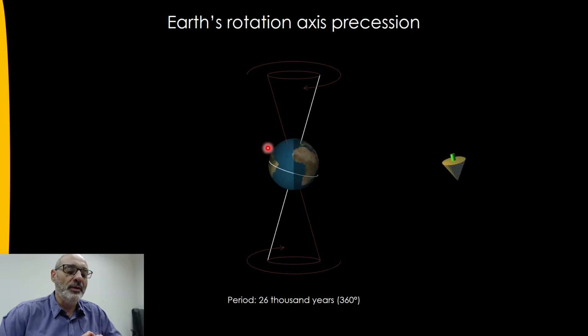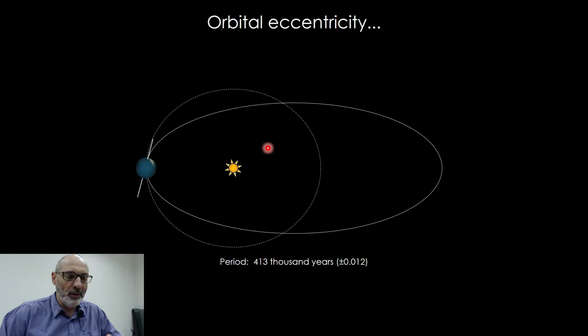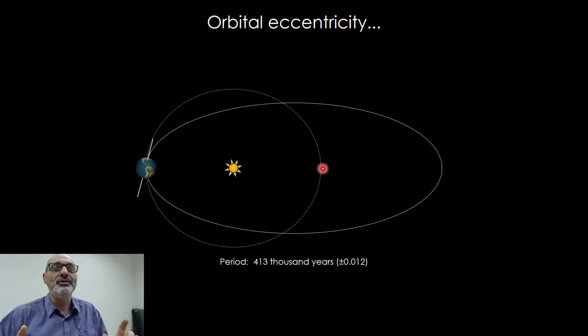I mentioned that this has to do with the amount of energy that arrives on the top of our atmosphere, because, for instance, if you have this more eccentric orbital movement, you get far less solar energy than in this other situation here.